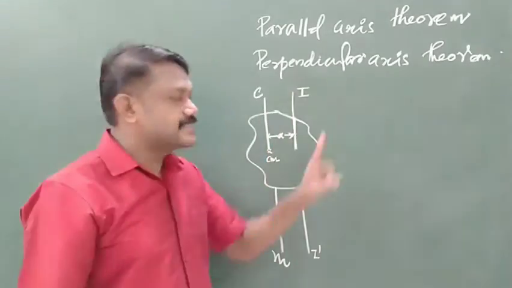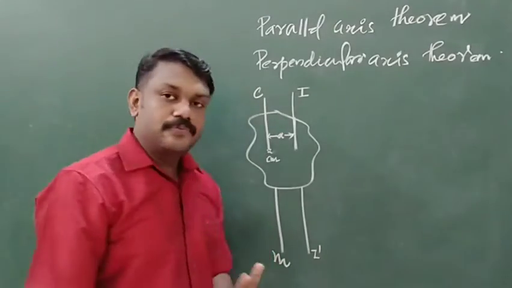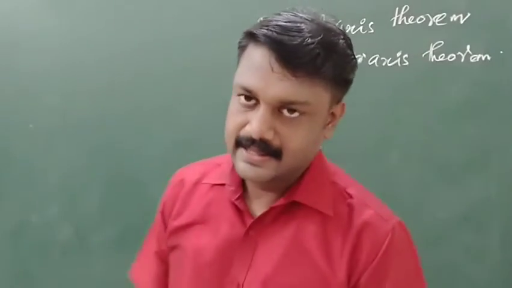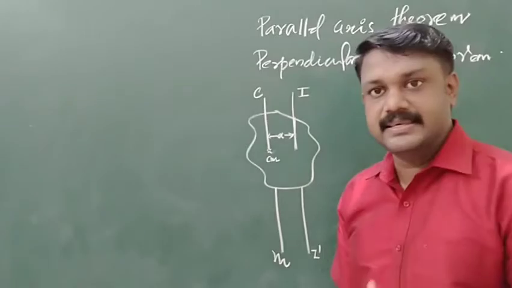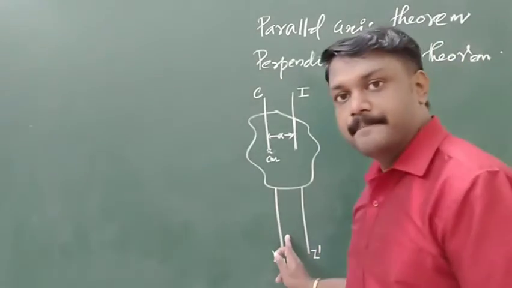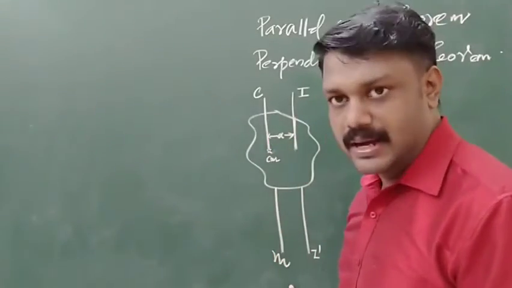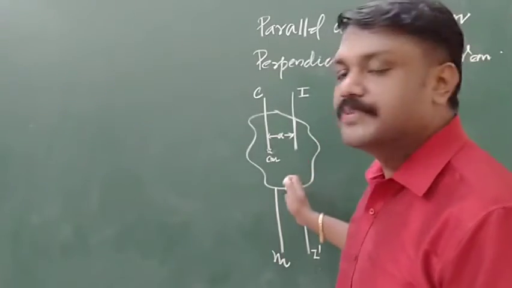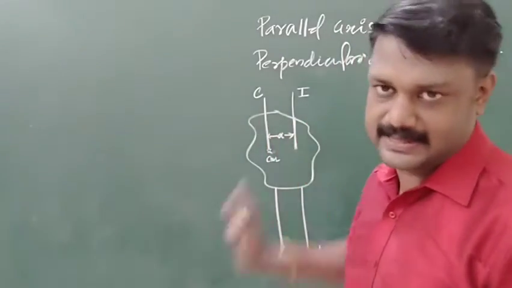So the parallel axis theorem says that the moment of inertia of a rigid body about any axis is equal to the sum of the moment of inertia about an axis passing through the center of mass plus the product of the mass of the body and the parallel distance between these two axes.